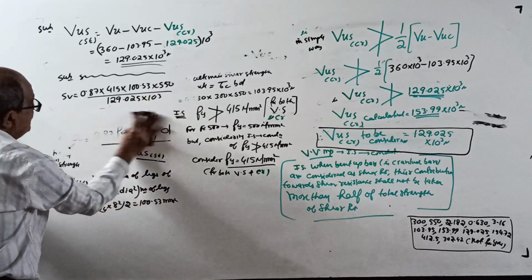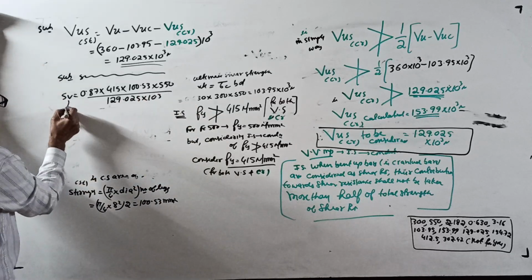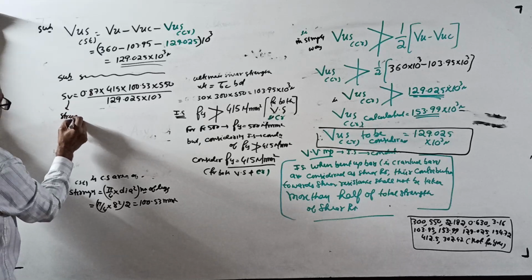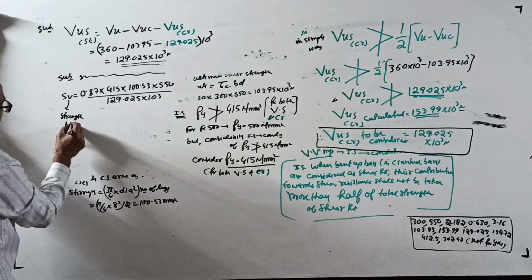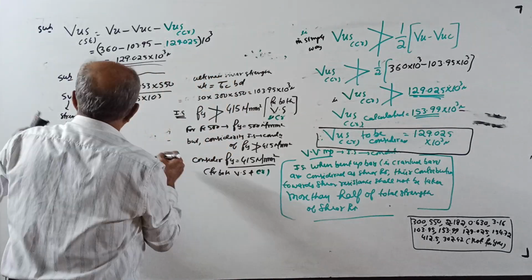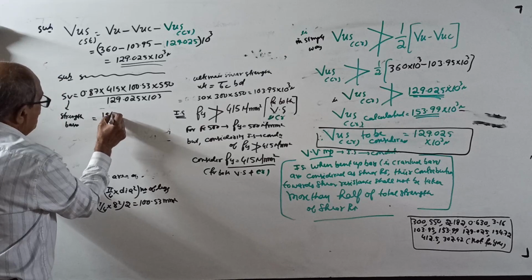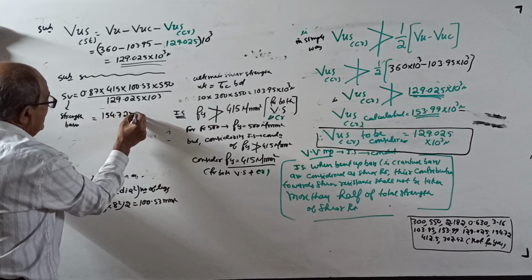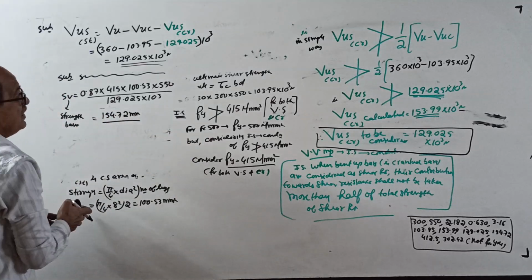You get the spacing of the stirrups. Remember, this is strength based spacing. Answer will come 154.72 millimeter. Now, lastly, what you have to do?